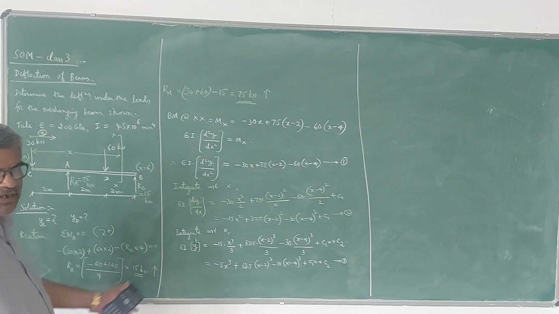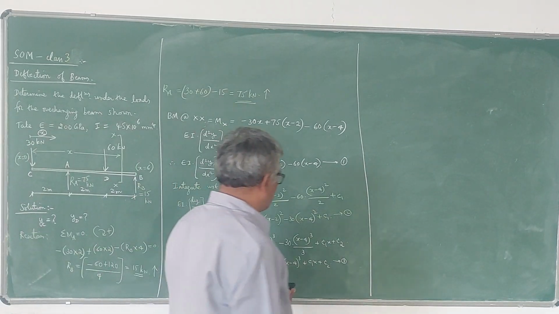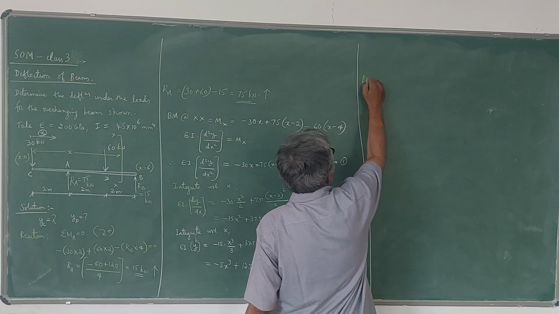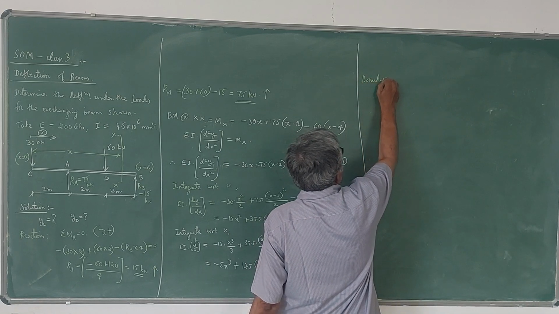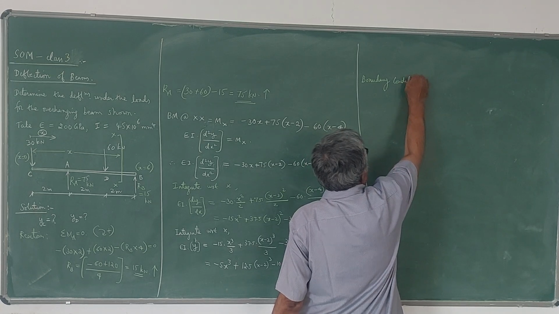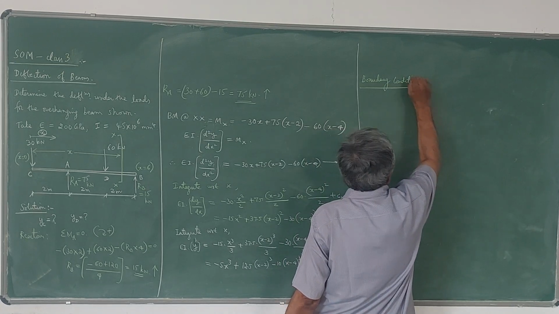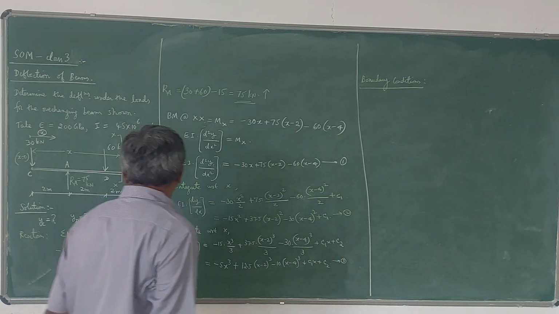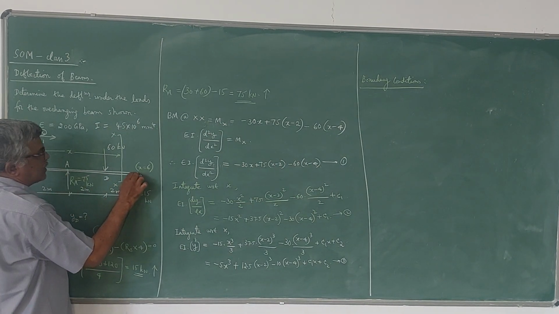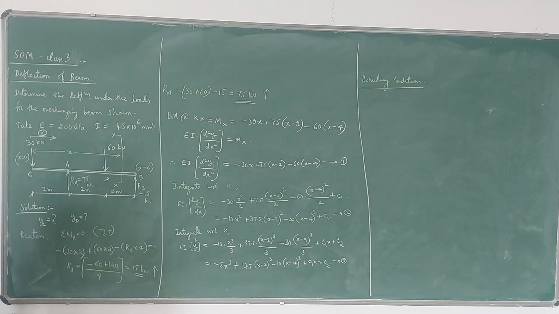Now we have to evaluate the constants of integration C1 and C2 using the boundary conditions. Let us write the boundary conditions here. It is not a symmetrical beam, so we have to use the condition that at the simple supports the deflection is 0.